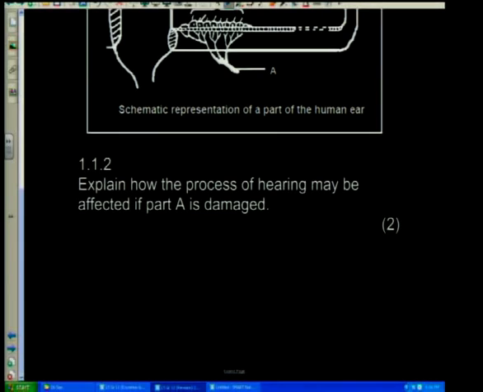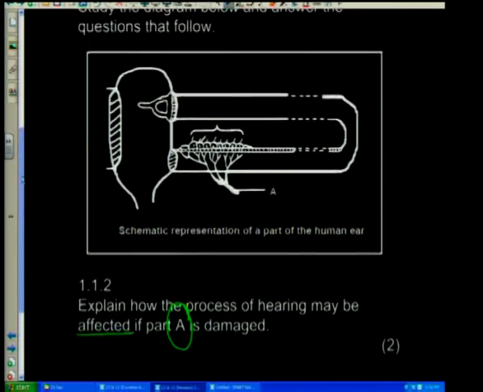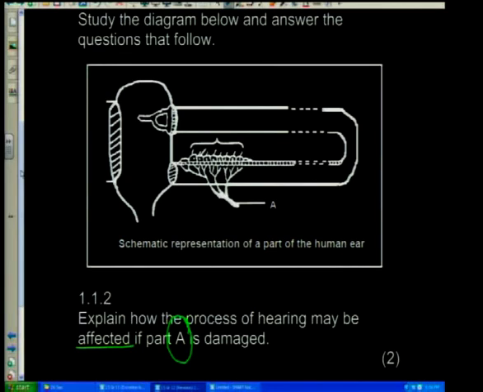Next question: explain how the process of hearing may be affected if part A is damaged. Part A, what is this? Look at where it is coming from. It's coming from the organ of Corti. You can see the branches. This would be the auditory nerve.